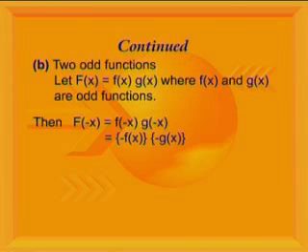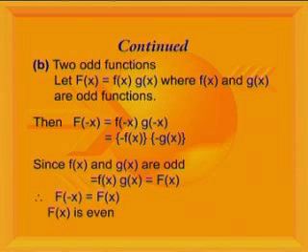And because both are odd functions, small f of minus x is equal to minus f(x), and small g of minus x is equal to minus g(x), and then minus minus is positive. So therefore capital F of minus x is equal to capital F(x), and here capital F(x) is an even function. So we have proved that the product of two odd functions is an even function.